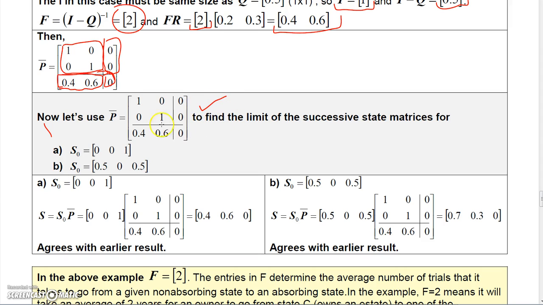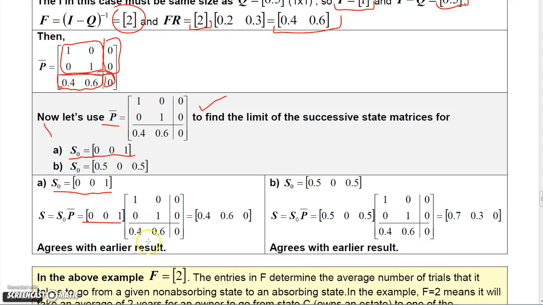Now we can use this matrix to find the limit of successive state matrices for different state matrices. Let's say we have a state matrix 0, 0, 1. All I have to do to find the limit is multiply that 0, 0, 1 by this limiting matrix.